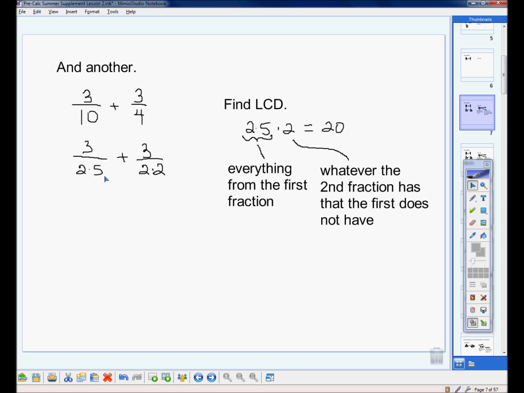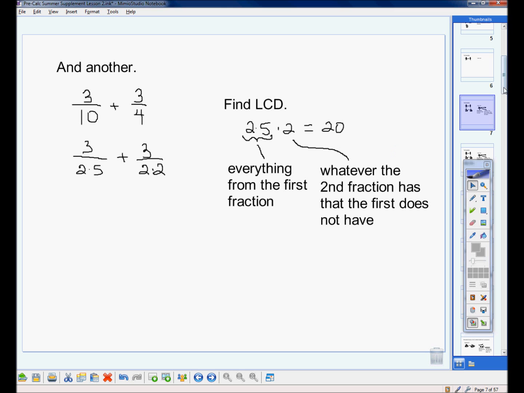So for example, 2 times 5 is everything from the first fraction. The second one has a 2 that the first one doesn't have, so you have to multiply that in there too, and that gives you the least common denominator.